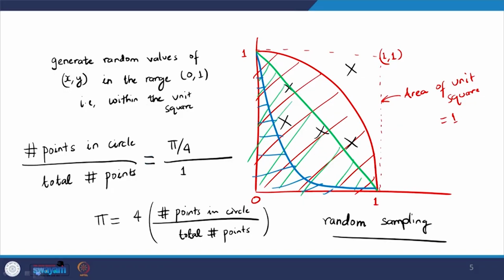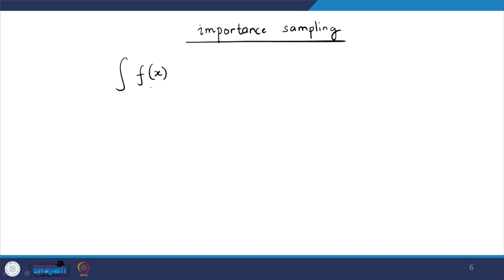So, very quickly, we can at least develop the ingredients of doing a different kind of sampling, that is called the importance sampling. So, let us say I want to integrate a function with respect to x.